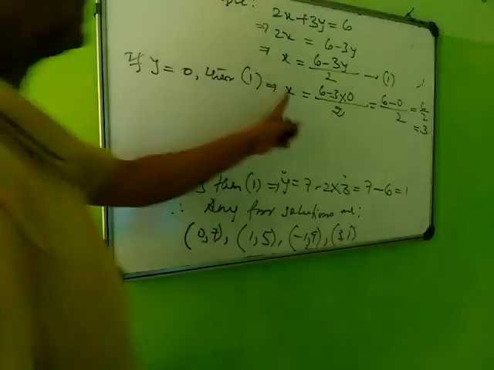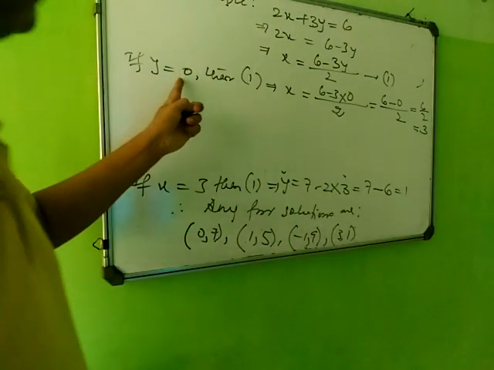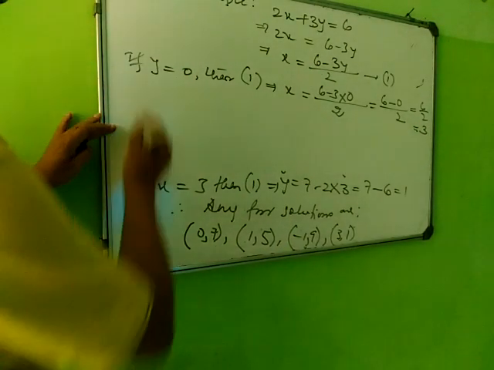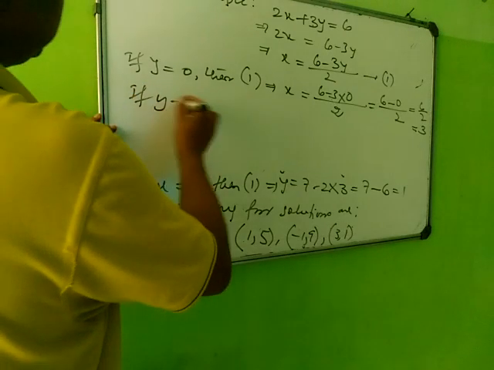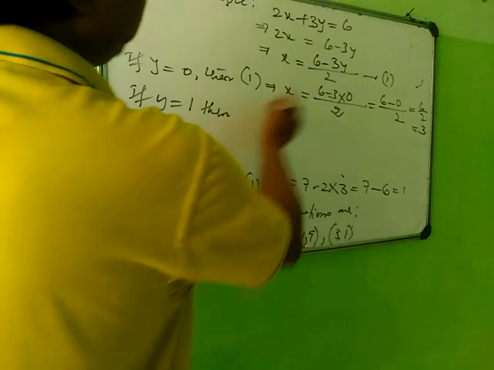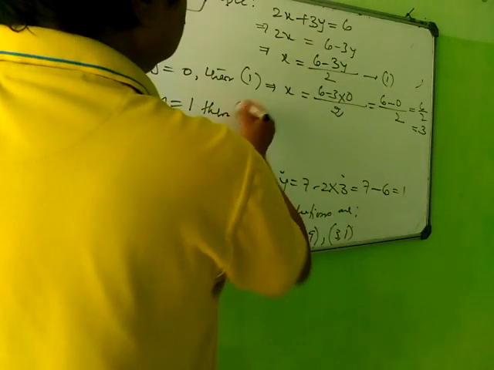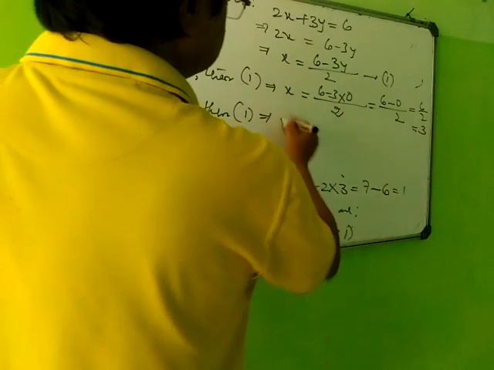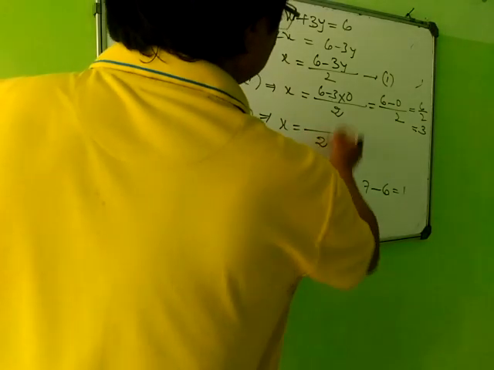So here x is 3, y is 0. First solution. Suppose y is 1, then again from equation 1 you will get x equals, so there is 2.